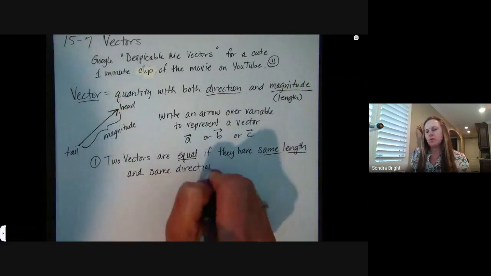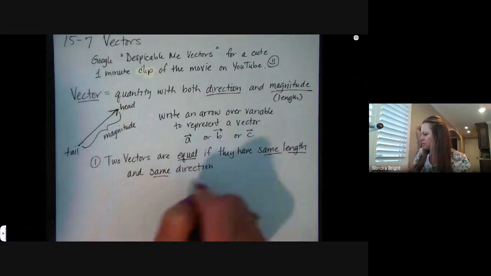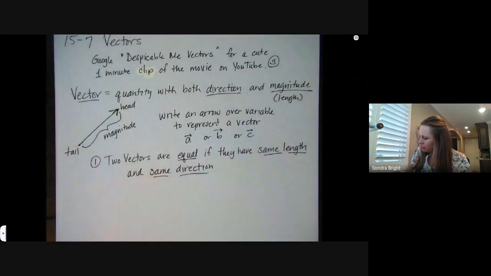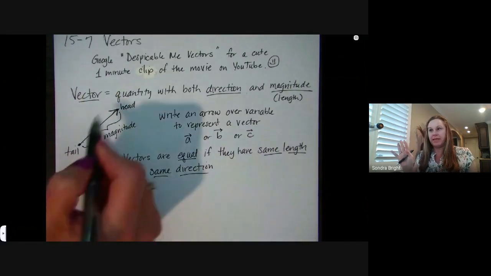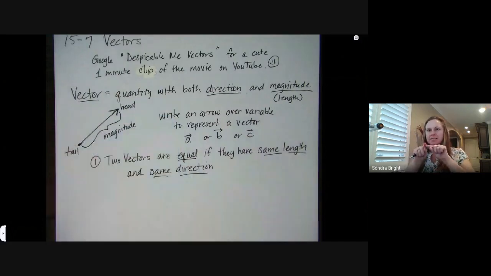So what that means is your vector, you could start off at any point on the coordinate plane, right? And as long as the length is the same and it's pointing in the same direction, you can slide that thing anywhere over the coordinate plane, and those two vectors would be totally equal.